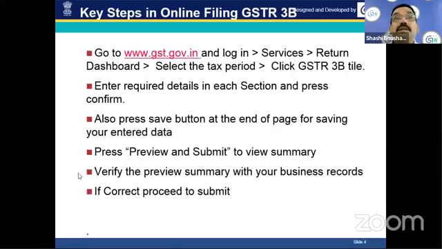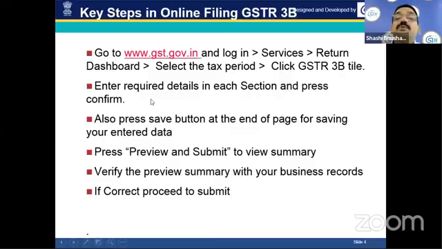Presently, filing of GSTR 3B is mainly done through online filing, but filing through GST Suvidha Providers is also now available. People can save data and also file data through GSPs. But I will be focusing only on the online mode, because the GSP facility has been started just recently.